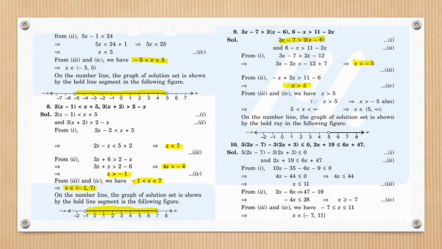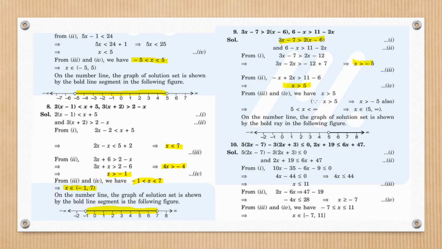So now both are giving you the same sign, x > 5 and x > -5, right? When we are dealing with the greater signs, we should take the greater one, because out of 5 and -5, 5 is greater. Anything greater than 5 is automatically greater than -5.